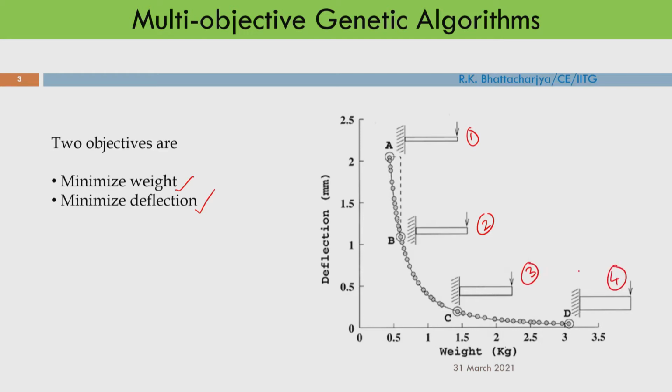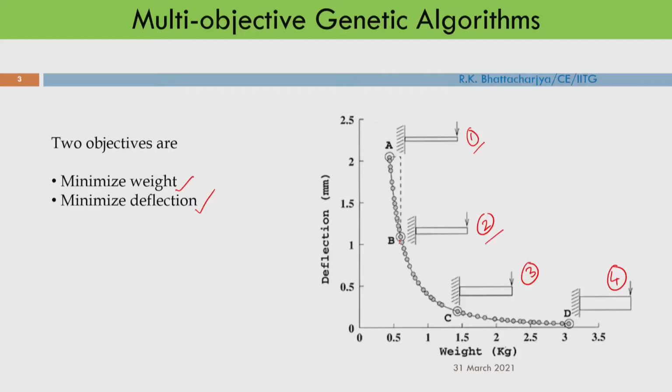Now, if I compare solution 1 and solution 2, can I tell whether solution 1 is better or solution 2 is better? I cannot tell, because suppose this is the weight of this solution and this is the deflection level of this particular solution. Similarly, for solution 1 this is the weight and this is the deflection.